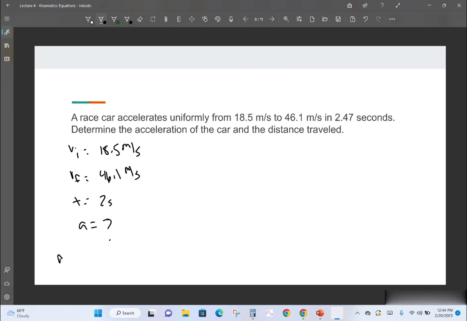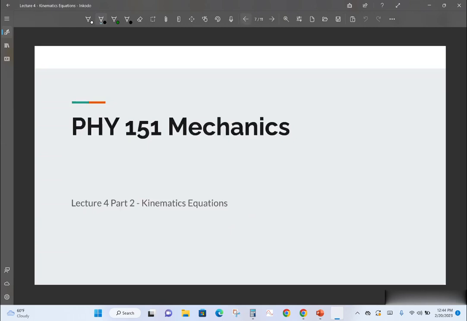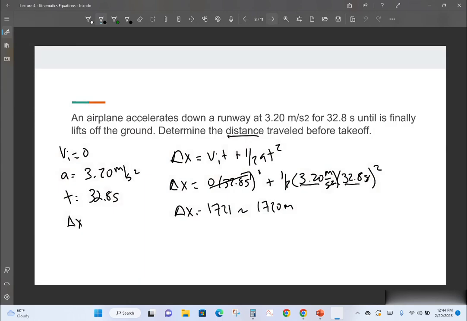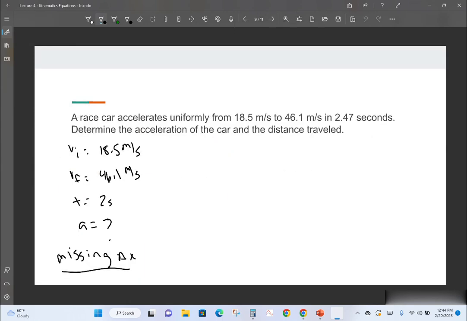So we're missing delta x. We want the formula that has no delta x in it. So go back to my equations. That would be my velocity formula. Vf equals Vi plus At.